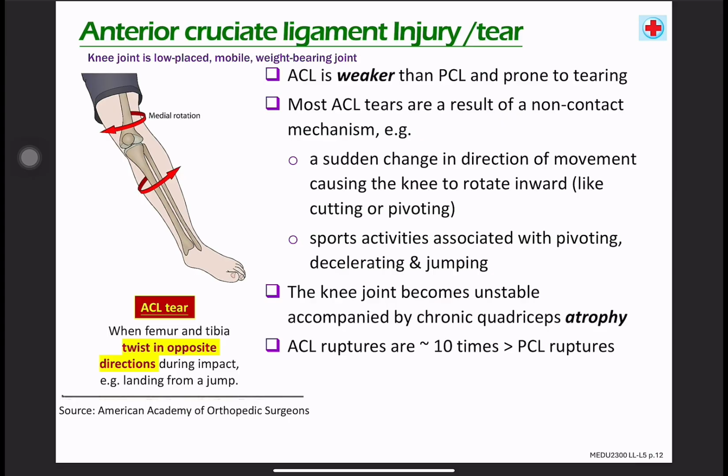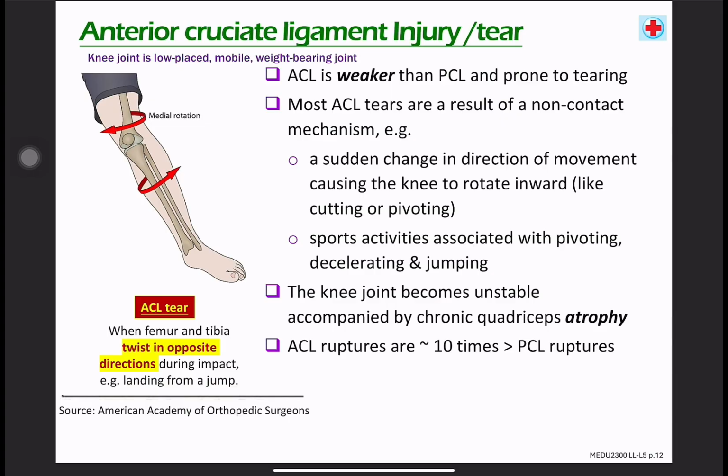Most ACL injuries result from non-contact mechanisms, such as sudden changes in direction, causing the knee to rotate inward. Sports that involve pivoting, decelerating, and jumping have higher rates of ACL injuries.